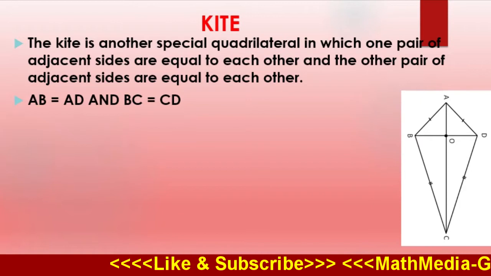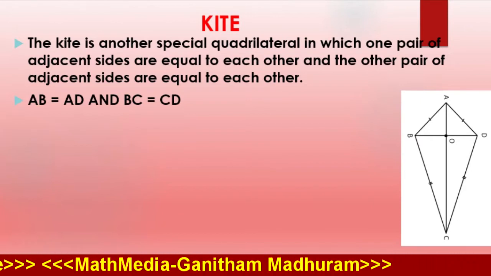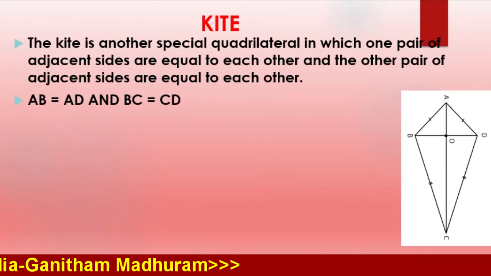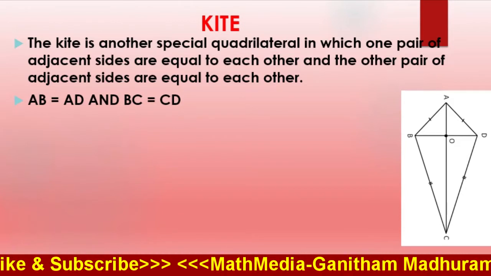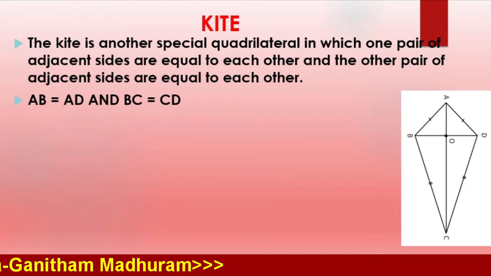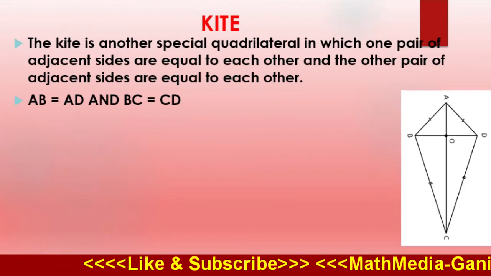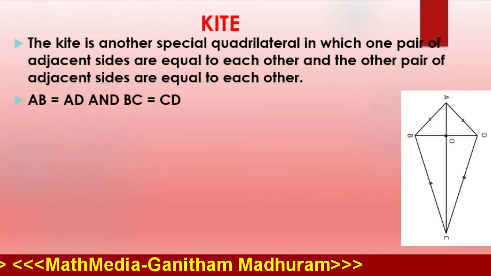Look at the figure. AB and AD are one pair of adjacent sides which are equal to each other. Similarly, another pair of adjacent sides are BC and DC. They are also equal. That is, AB equal to AD and BC equal to CD.